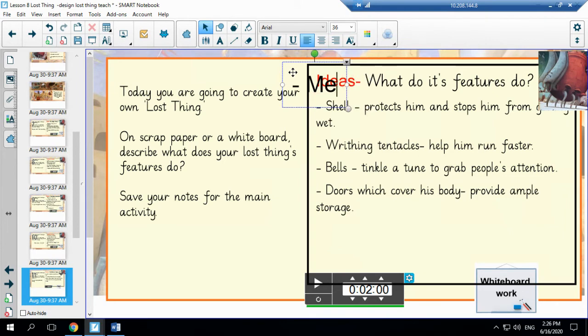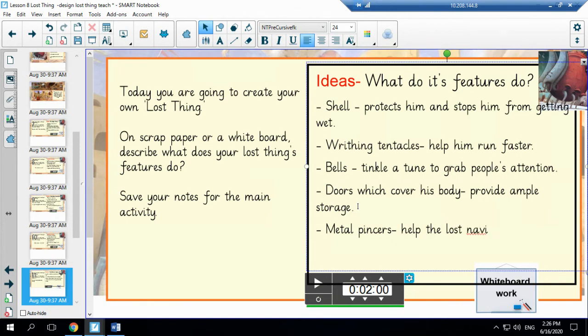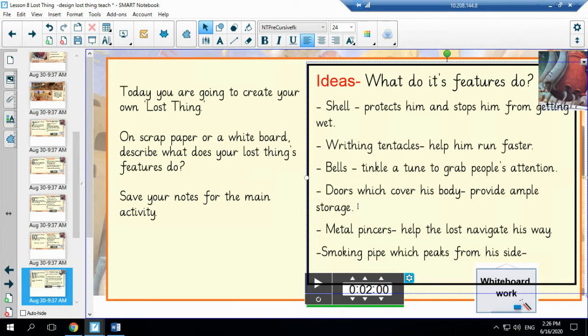The metal pincers help the lost thing navigate his way. And the smoking pipe, which peeks from his side, allows a furnace to burn inside. Okay, so I've modelled some ideas there, and feel free to magpie some ideas, especially if you're finding that activity challenging.